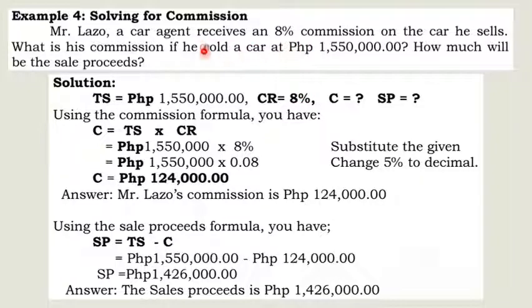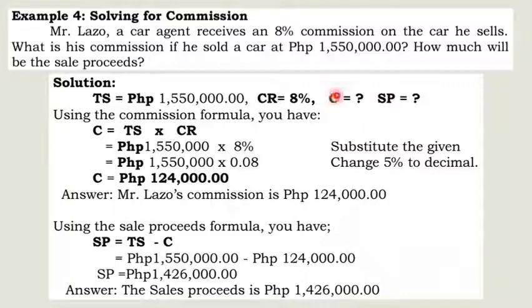Then, binenta daw ng 1,550,000 pesos. Ito yung total sale. Ito yung kabuuan pa. Hindi pa natin alam kung magkano yung mapupunta kay Mr. Lasso, yung car agent. So, ito yung TS natin. So, nawawala is yung commission, yung C, and yung sale proceeds or yung SP.